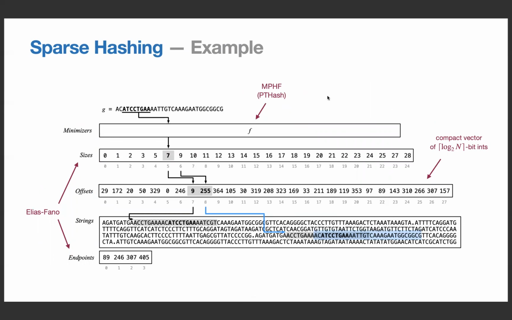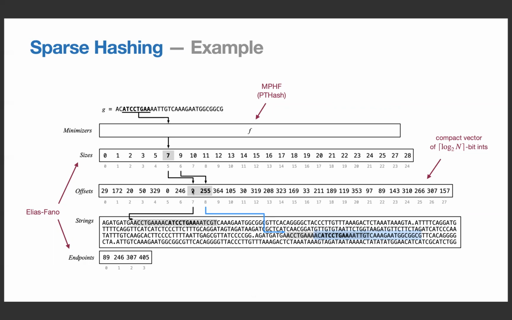So we have the minimal perfect hash function f and the array of bucket sizes stored in prefix sum, in order to translate the result of the minimal perfect hash function evaluated over a minimizer into an index into the offsets array. So for this example, we know the bucket is going to be of size 2.